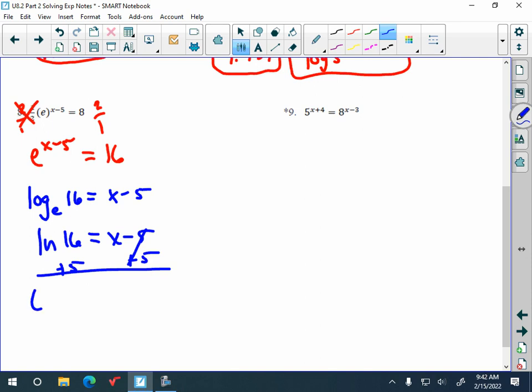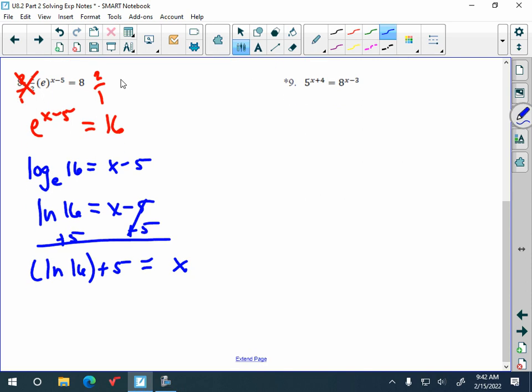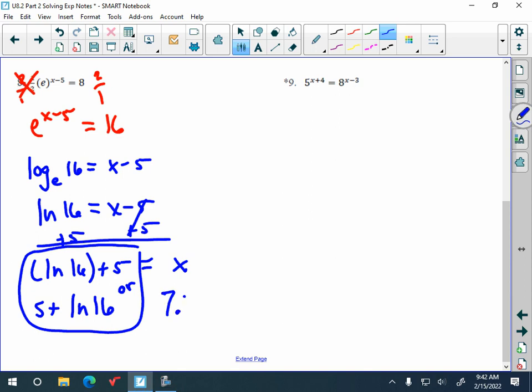So some of you may want to put this ln 16 in parentheses and then put the 5 on the outside. Another way you could do it is put the 5 in front and show you're adding it to ln 16 like that. It's the same thing. Okay, so either one. And then let's go and give the decimal, 7.773.